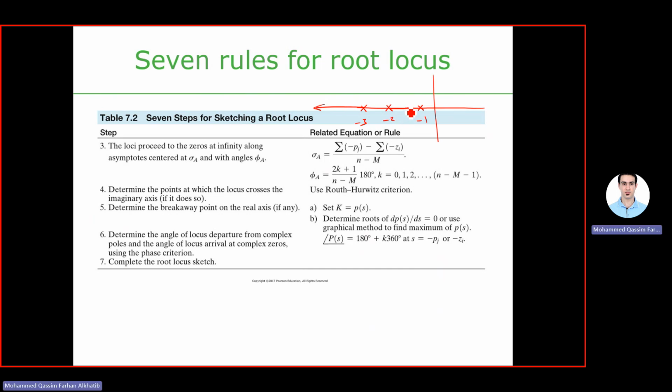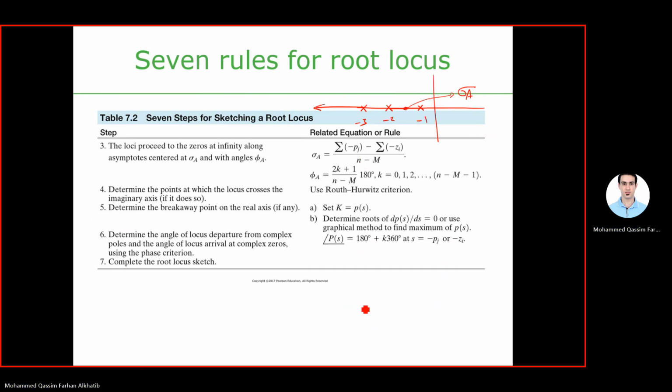Now this point here we will call sigma A. And sigma A is the point of intersection of the asymptotes. You know what asymptotes are, you've done that in calculus and math. An asymptote is like the tangent line of a certain curve.